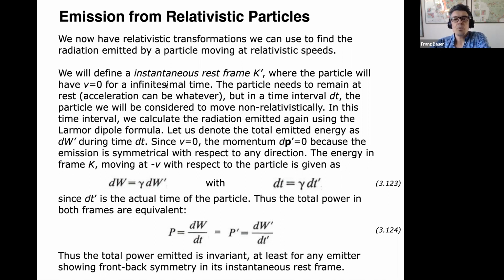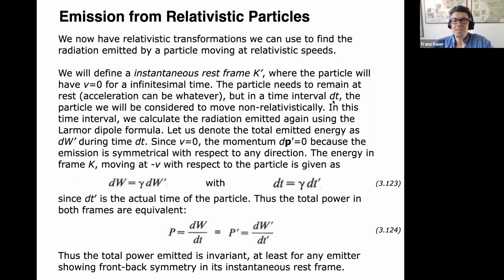Just to clarify things, we have an instantaneous rest frame K prime. We'll set this up so that the particle has velocity equal to 0 at the start, but has some acceleration. The particle needs to remain at rest, but the acceleration can be whatever.